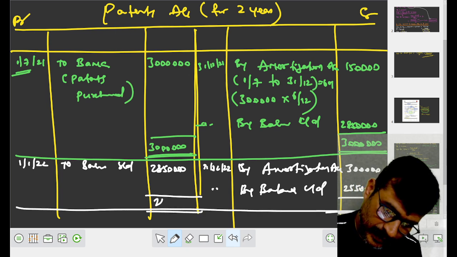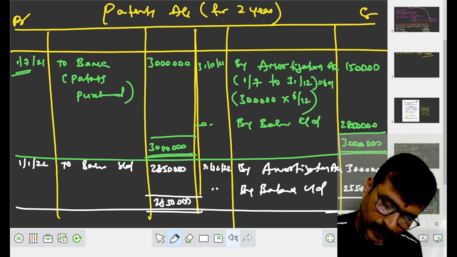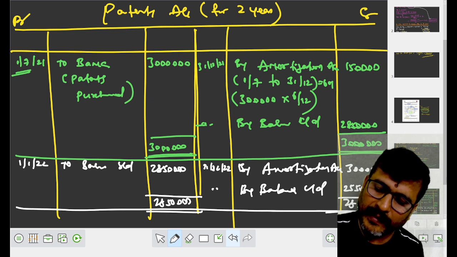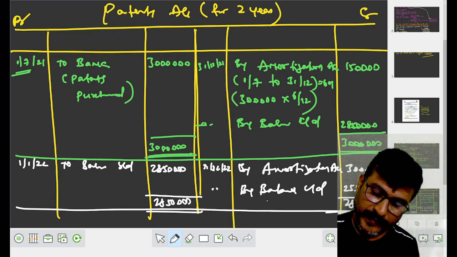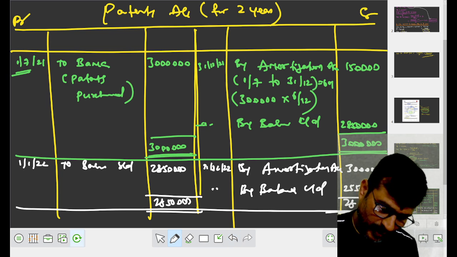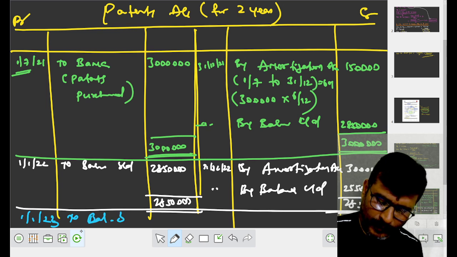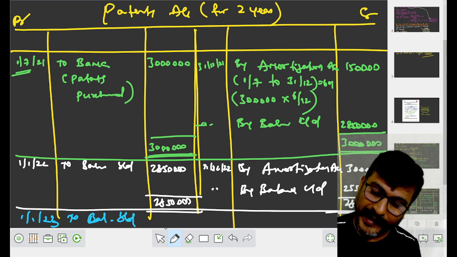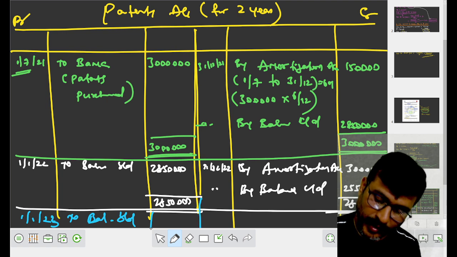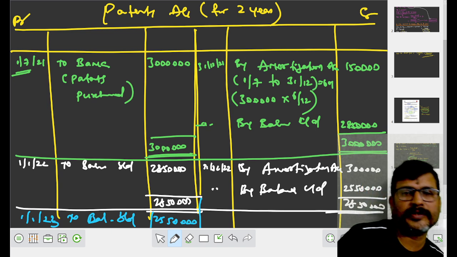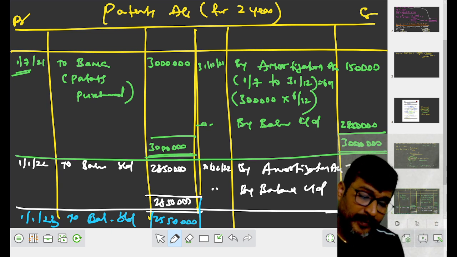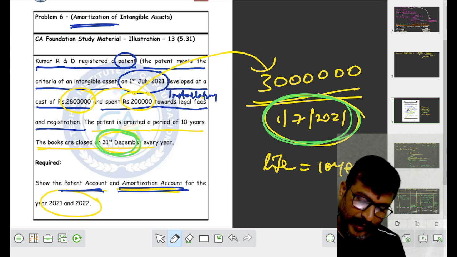Total is 28,50,000. Later you brought down for 1st January 23, to balance brought down as 25,50,000. Wow.